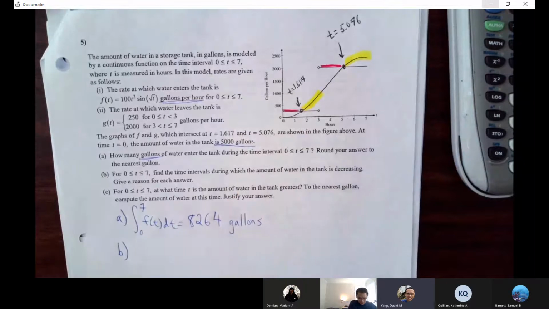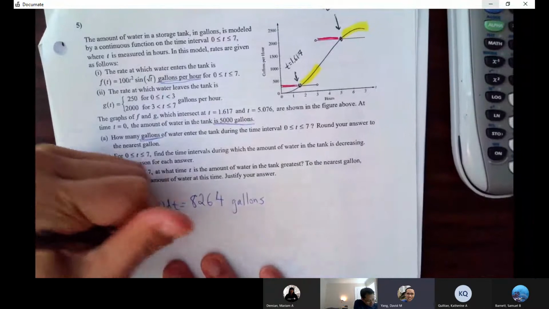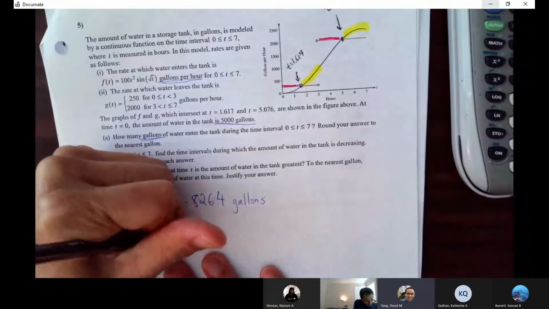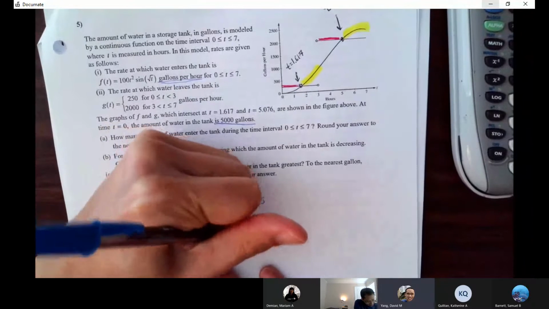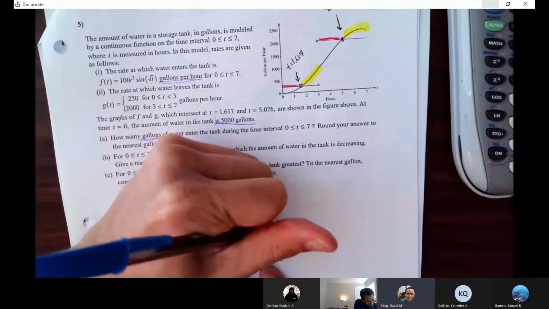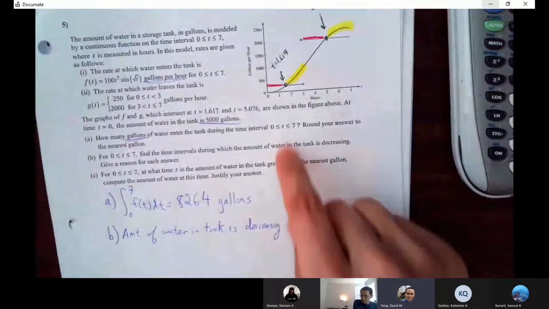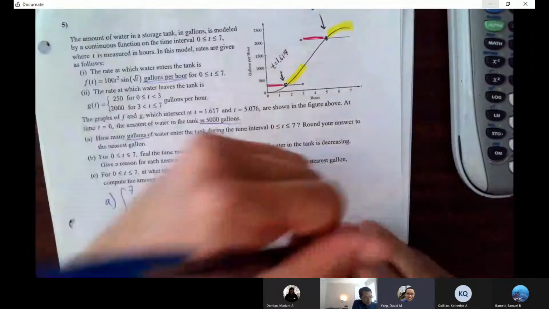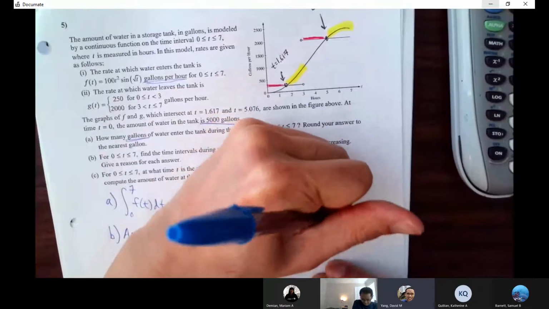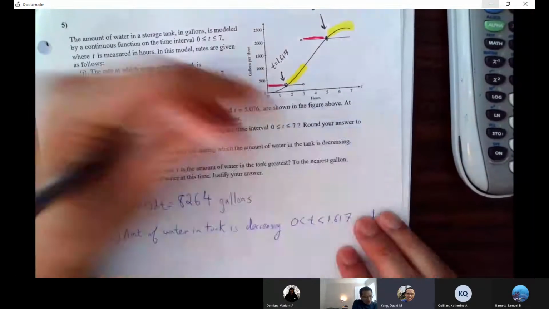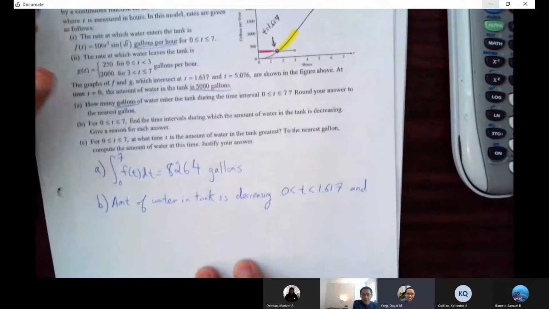So we can say the amount of water is decreasing on the time interval from 0 to 1.617, and then also on the interval from 3 to 5.076.